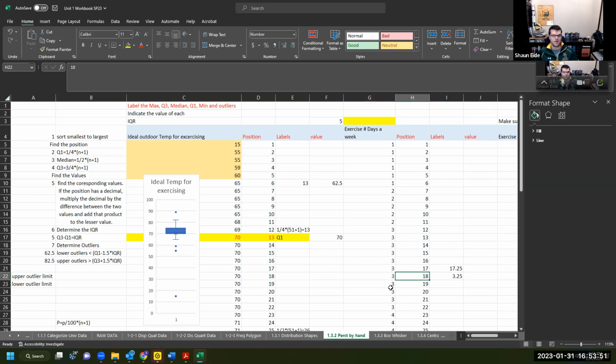But this is actually 3 and 3, and so the value is still just 3. So Q1 is 3.